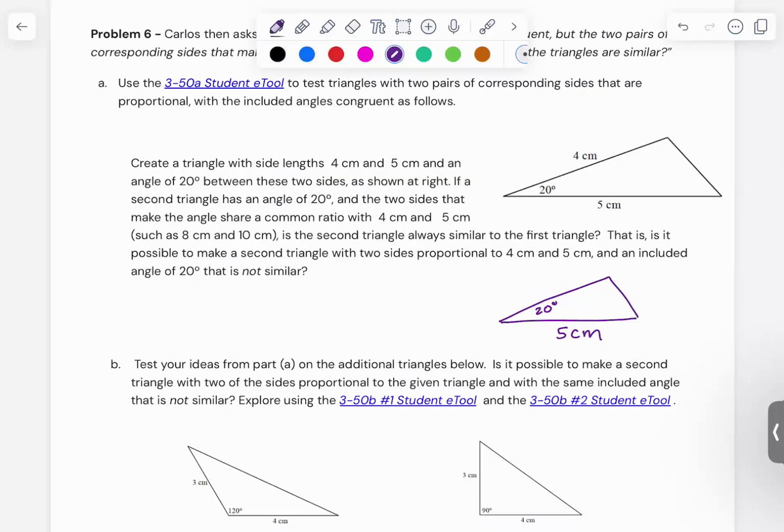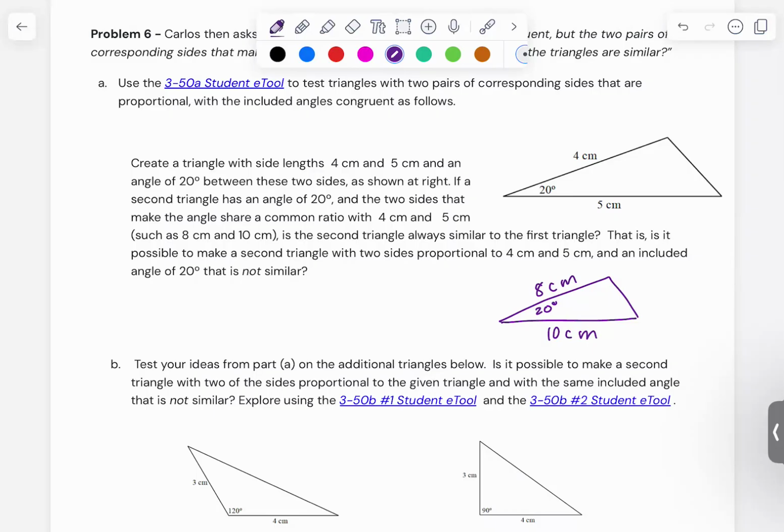So let me erase this. If we had 8 centimeters and 10 centimeters, we could say that these two triangles are similar.